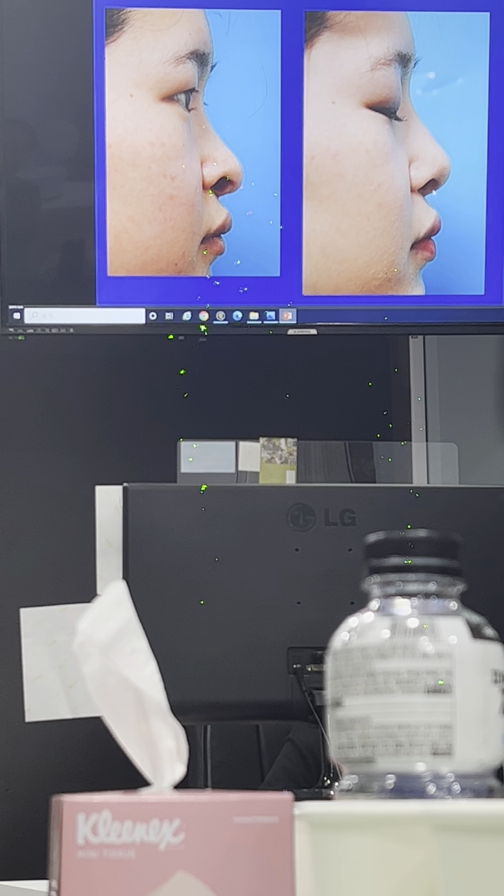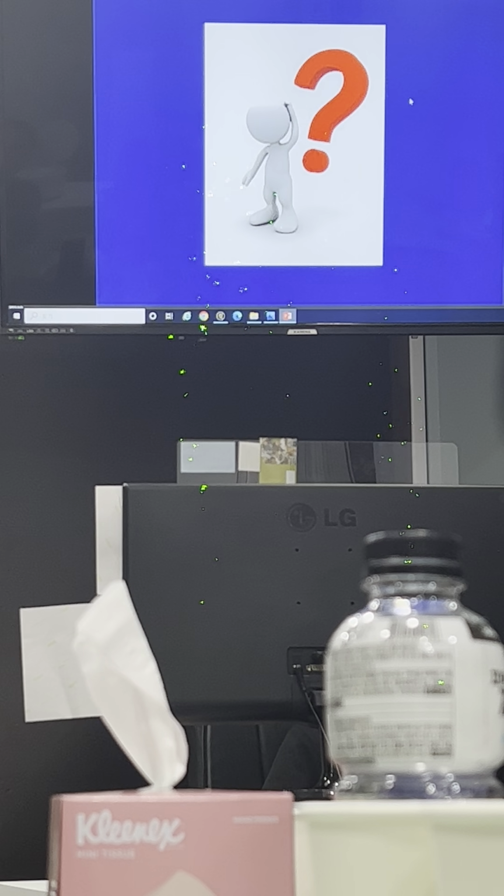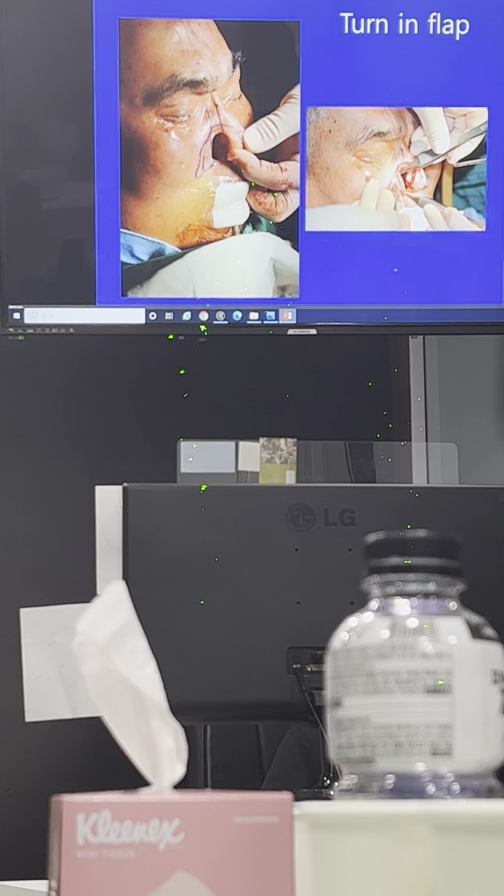Before and after. So this is a case where there is no right ala. At first I designed a turning flap from the nostril. This is a cheek flap.